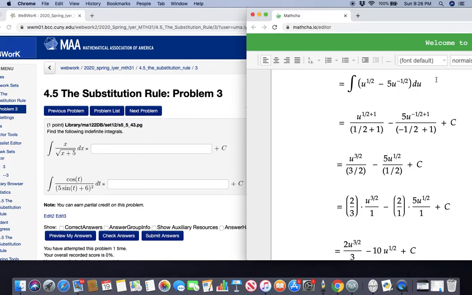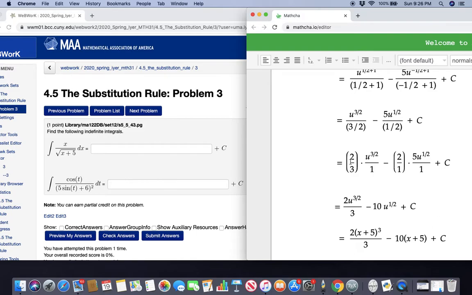Don't forget, every time we integrate, you have one constant. So 2 u to the power 3 halves over 3 minus 10 u to the power half over 1 plus c.